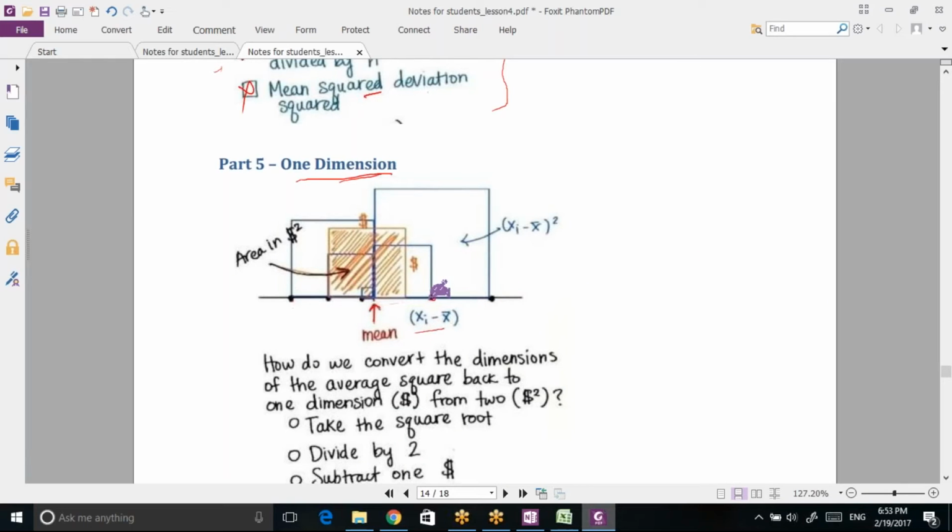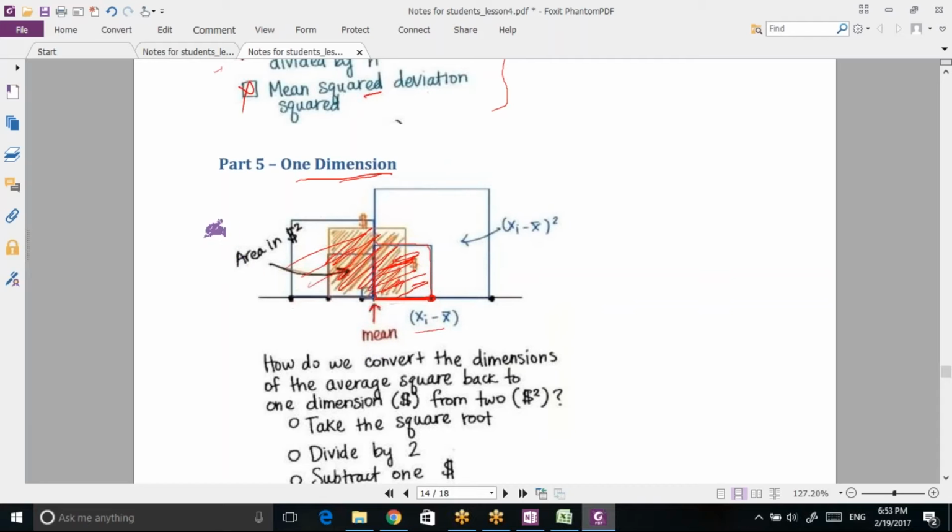For this point, this was my deviation. Now if I square it, what I am getting is the area of this square. Similarly, I am adding the areas of all such squares and then averaging it. So graphically, what I am getting is the average area of this square.